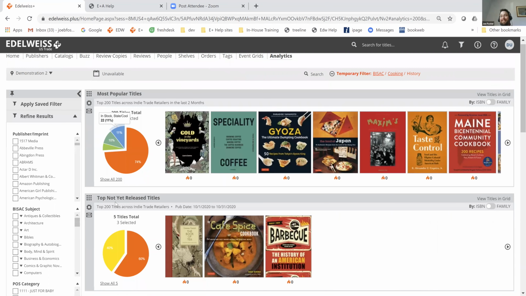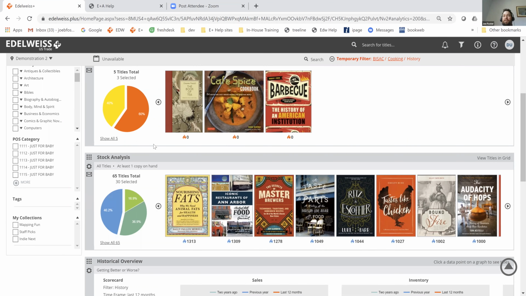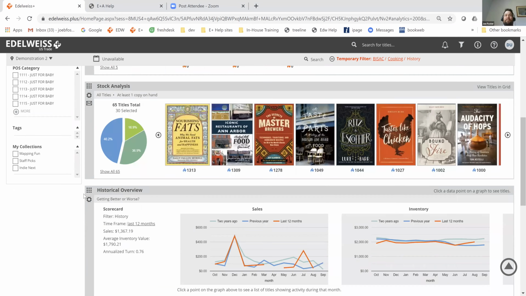I'm not making any judgment calls, aside from the fact that your customers don't want to buy it. Then replace it with stuff that they may be more likely to buy. Just a nice way to keep things balanced and fresh. I always like to be surprised when I walk into a bookstore, especially one that I frequent on a regular basis. If I'm not surprised, I get bored and maybe don't go back as much.